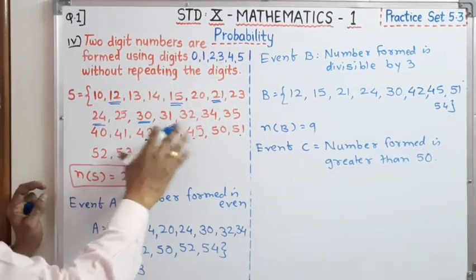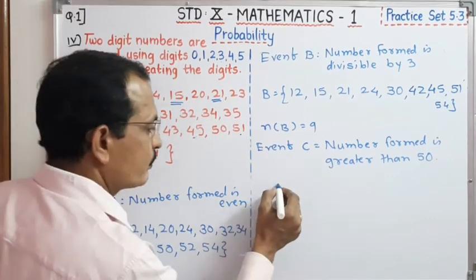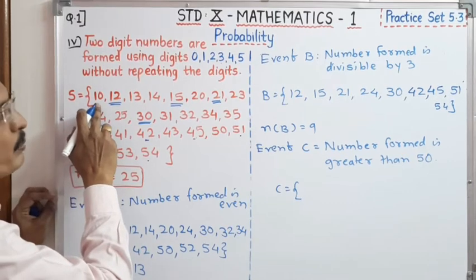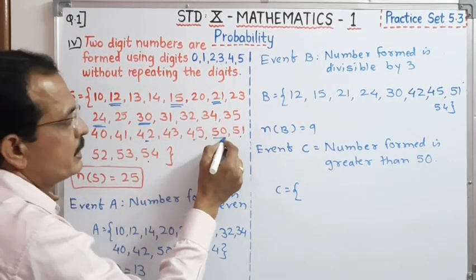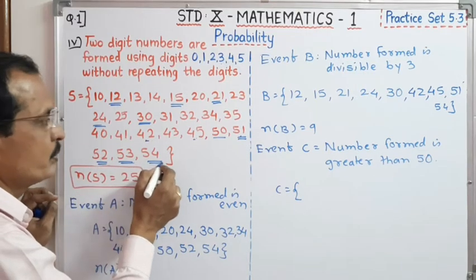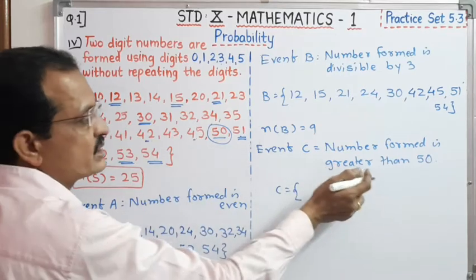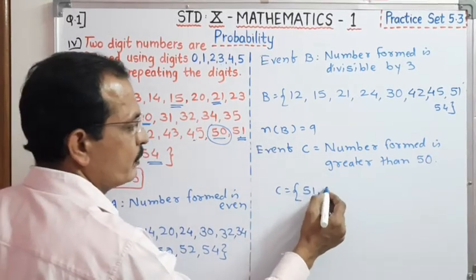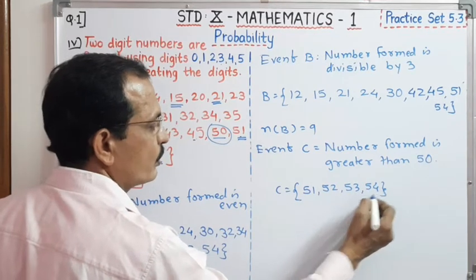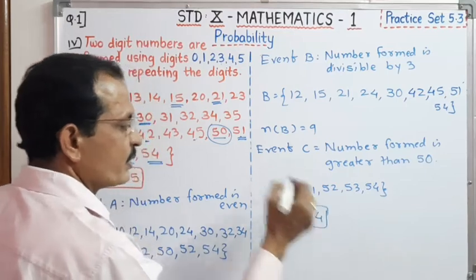Now from this we have to select the numbers which are greater than 50. Therefore C is equal to, see, starting from 10 and here it is 50, 51, 52, 53, 54. This 50 we do not have to take. We have to take the numbers which are greater than 50: 51, 52, 53 and 54. Therefore the number of C is equal to 4.